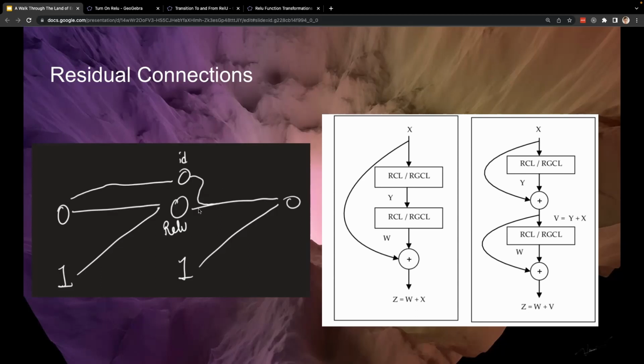So if originally the ID was 2 and the ReLU was 8, then you could just shrink the ID to 1 and make the ReLU 4, and you'll still have the same relationship. So I think that would be a non-hand-wavy way to say that you can always normalize it such that the ID path has weight 1.